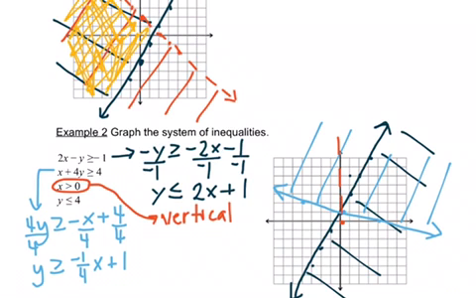And it's simply greater than. So I'm going to use a dotted line, not a solid line. And it's greater than, so I'm going to shade above that line. Graph might be getting a little messy, it's okay. Different colors are helpful in this case.